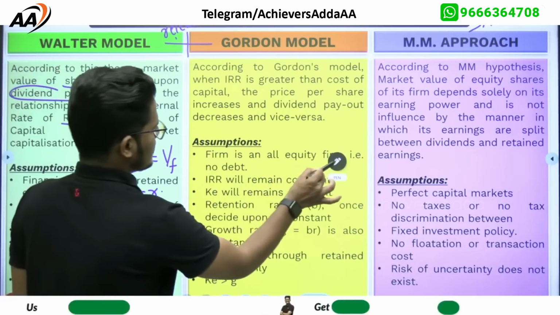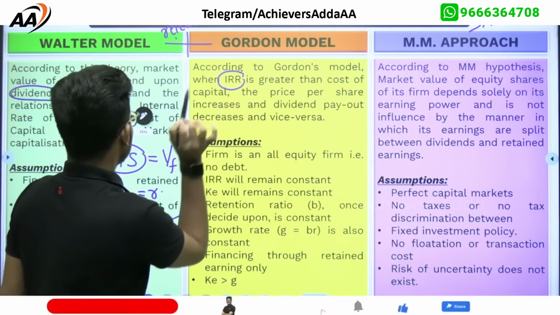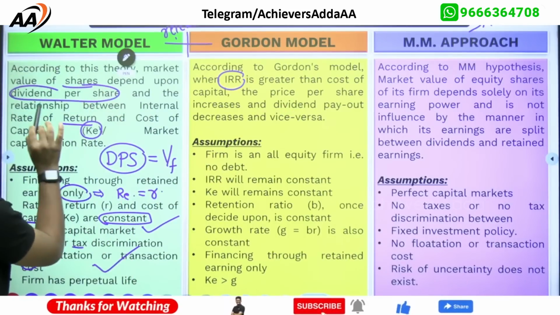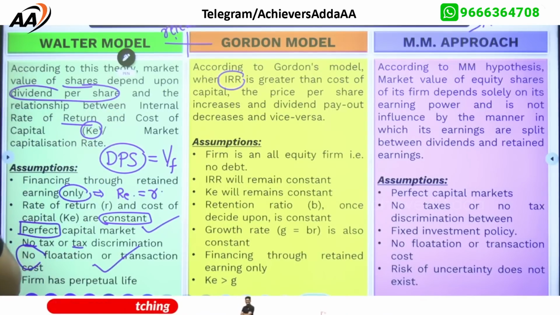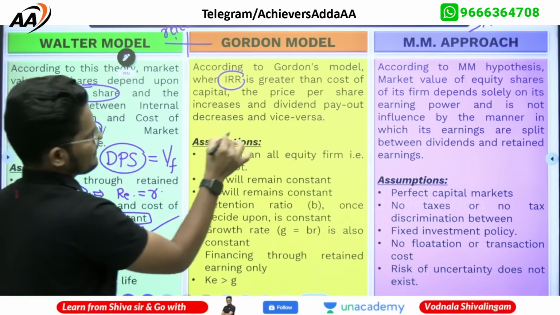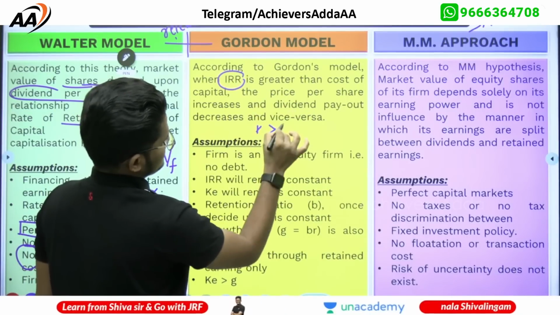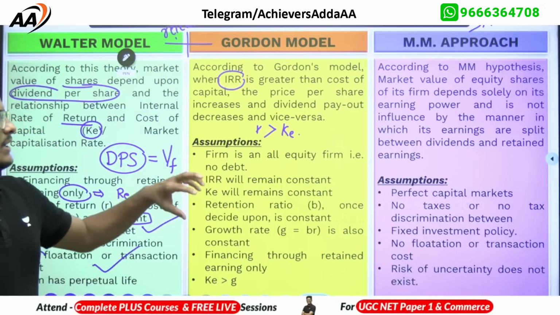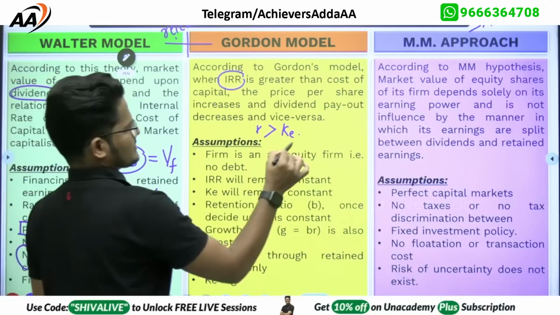Now let us look into Gordon also. According to Gordon, IRR, the internal rate of return, is greater than the cost of capital. Here a relationship exists between the two. R, the internal rate of return, is more than the cost of equity, meaning return is more than the cost, so the price per share increases and the dividend payout ratio decreases.